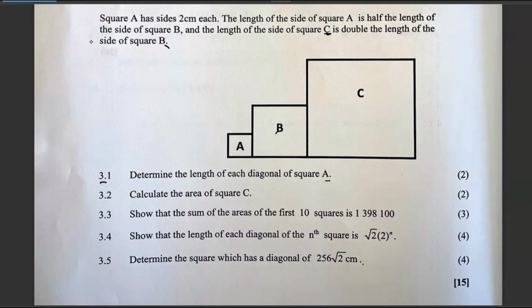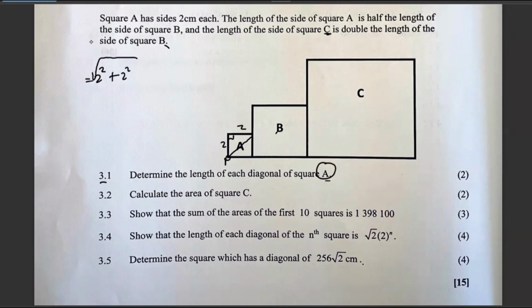If this is a 2, this is a 2, and this is a diagonal. What do they want? They want square A, the length of A only. If it's a square, there's a 90 degree angle, so Pythagoras: 2 squared plus another 2 squared must give us the diagonal, under the square root.